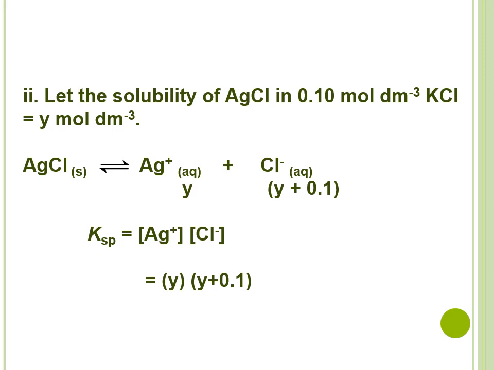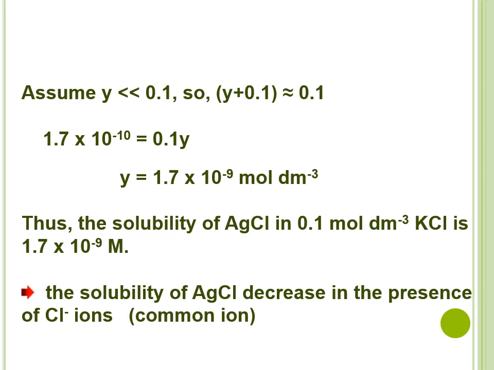Now, the simplified ICE table would be Y for argentum ion and Y plus 0.1 for chloride ion. Insert the values into the KSP expression and you got this. By assuming Y is very small, 1.7 times 10 to the power of negative 10 is equal to 0.1 Y, where Y is equal to 1.7 times 10 to the power of negative 9 molar now.